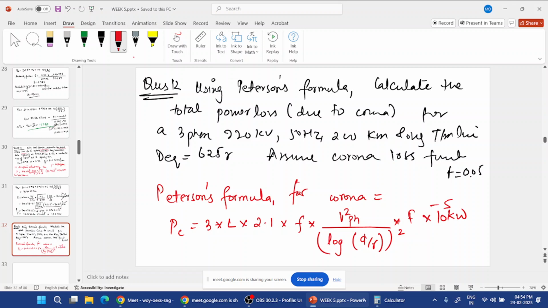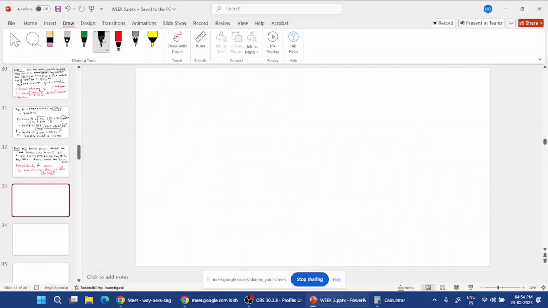F is the corona loss function. So what is PC? 3.